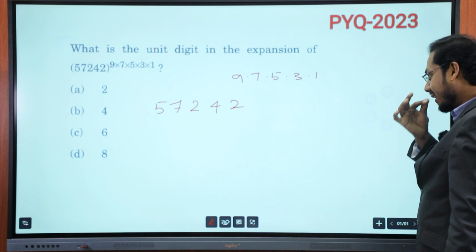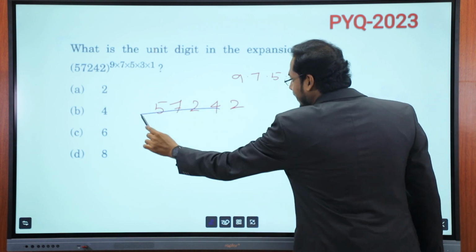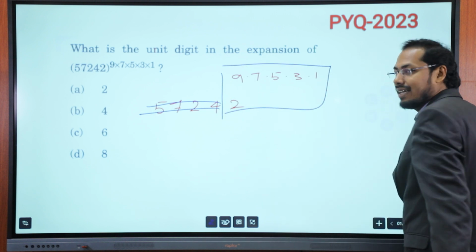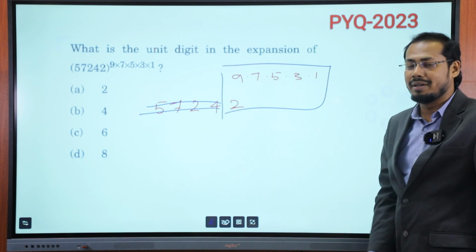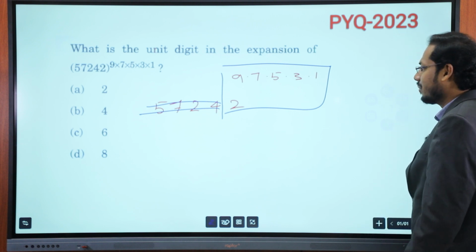Okay. First thing, you do not need these numbers, right? Let's take only this 2 power. Okay. And second thing, what is the value of this? It may be addition, subtraction, multiplication, division, whatever it is, we need to multiply.